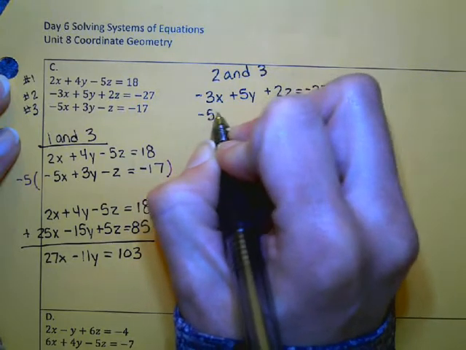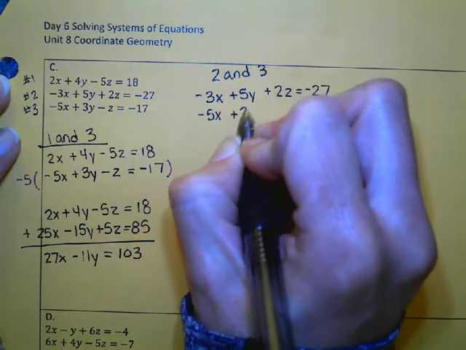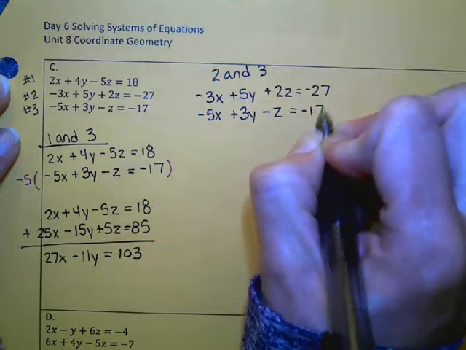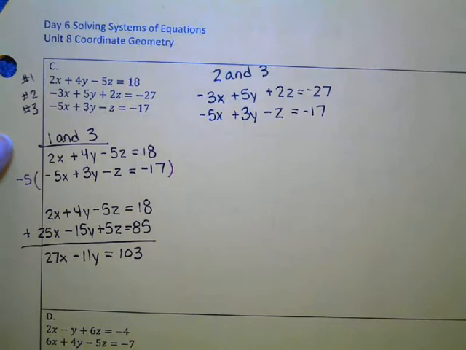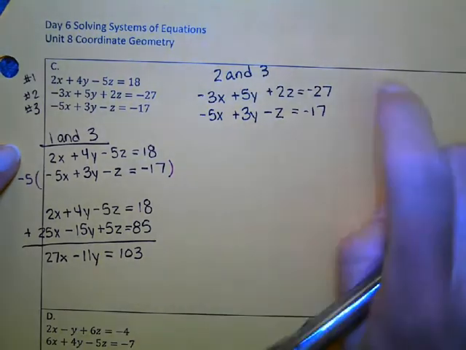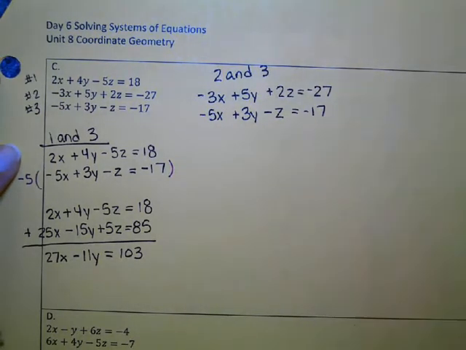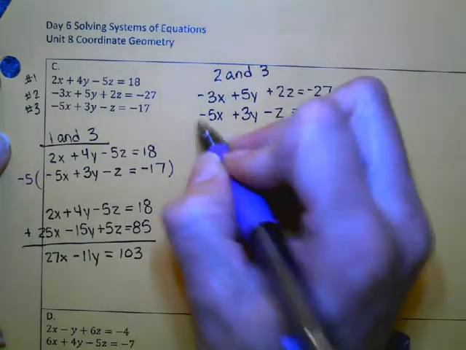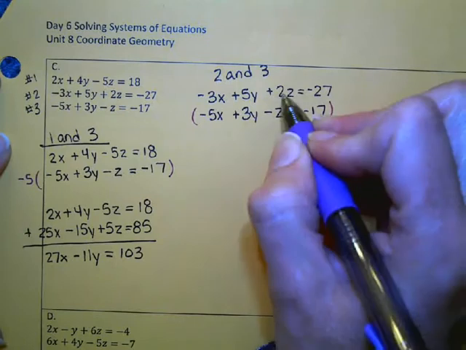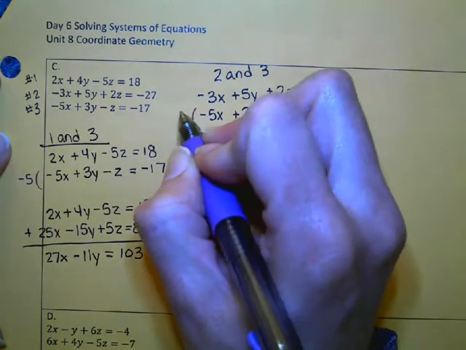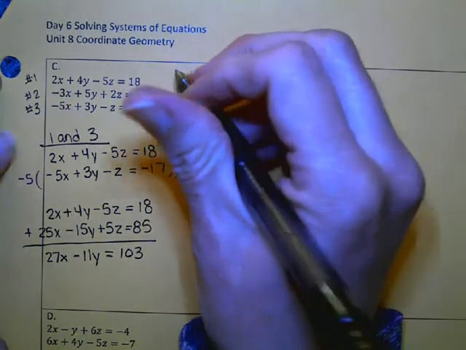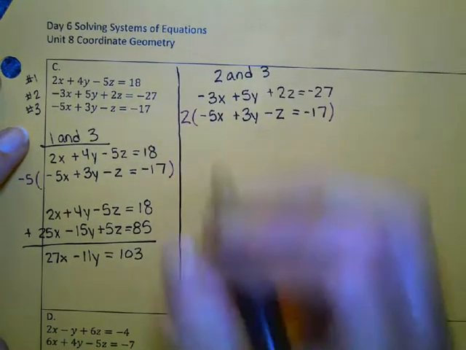And line 3 is -5x plus 3y minus z equals -17. Whatever letter you chose to eliminate here, you need to eliminate the same letter in the other two. So I was eliminating Z, so I need to multiply by 2 to make that a 2Z to eliminate the Z's.